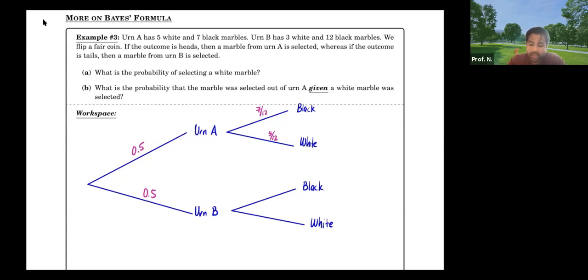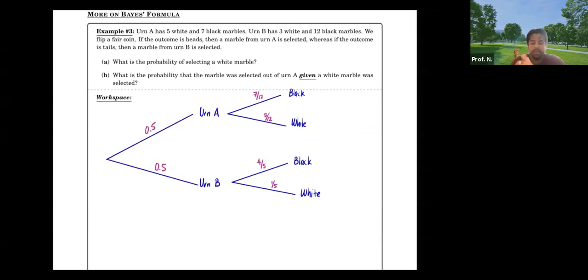And now urn B, what do we have? 3 white out of 15, right? Sorry, for black, we have 12 out of 15. So that's going to be 4/5, right? 12 out of 15. And then for a white marble, it's 1/5 of the time. Okay, so here we have our tree diagram that represents every possibility in this probability experiment.